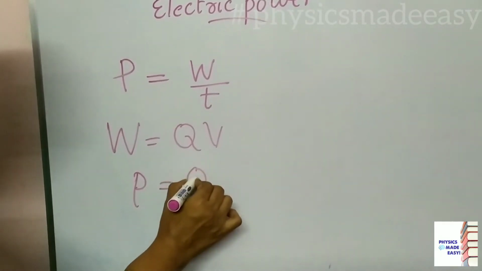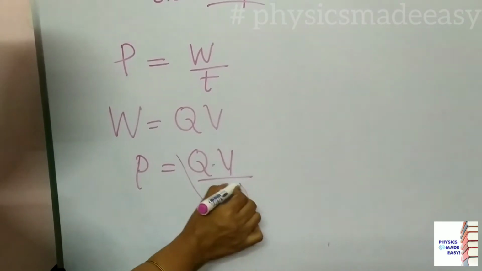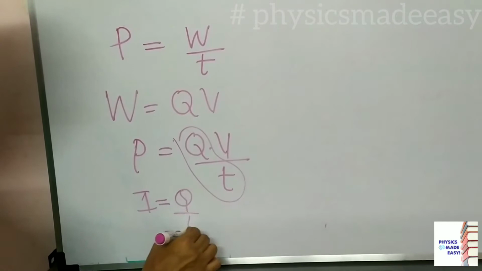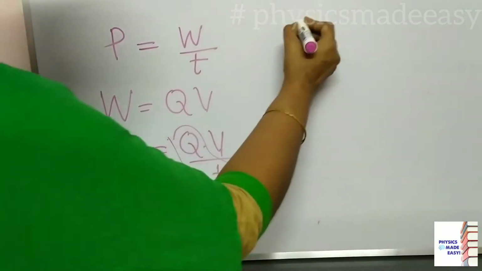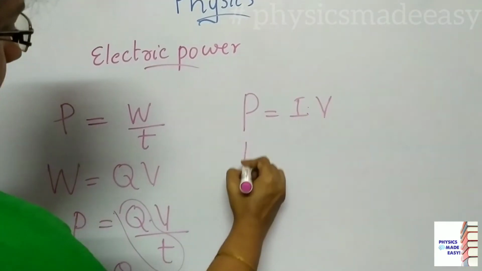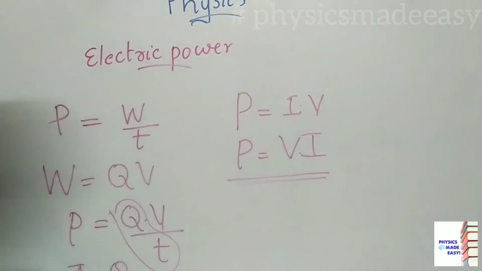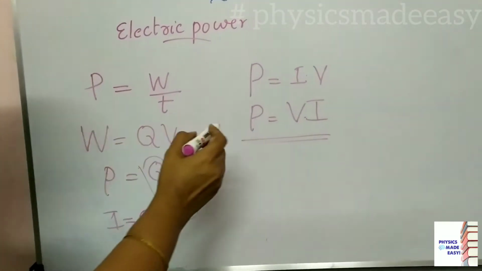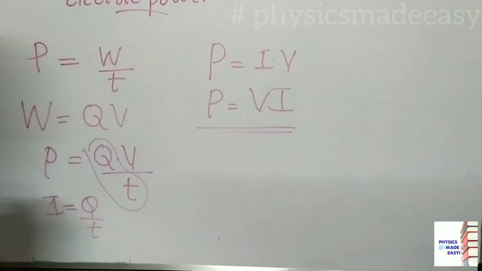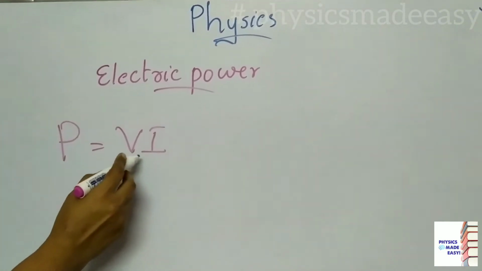Then Q into V divided by T. Then you know Q divided by T, that is I. I is equal to Q divided by T. So we can write this equation as P is equal to I into V. P is equal to V into I. This is the equation for electric power. Here you can see that as the product of potential difference and the current. So this is the equation for power, that is V into I.